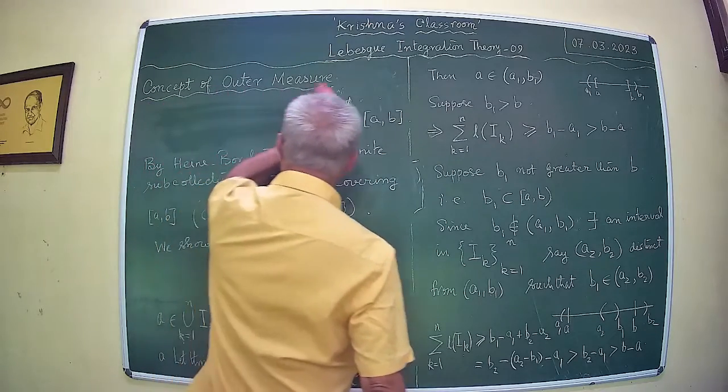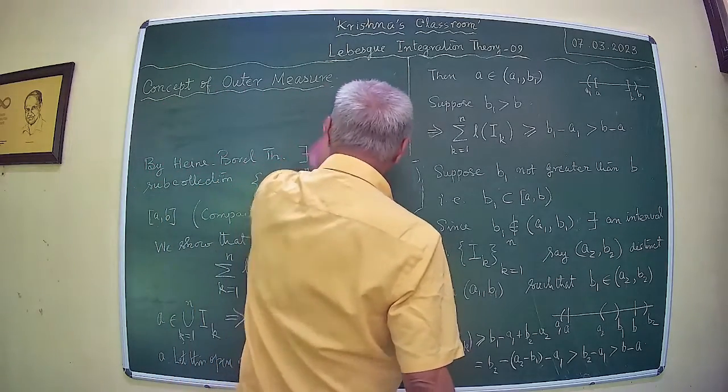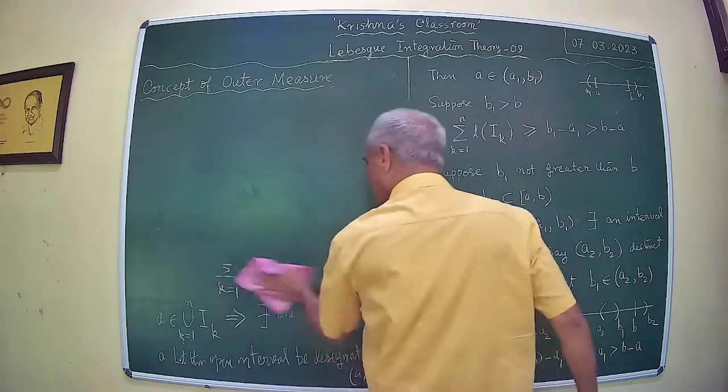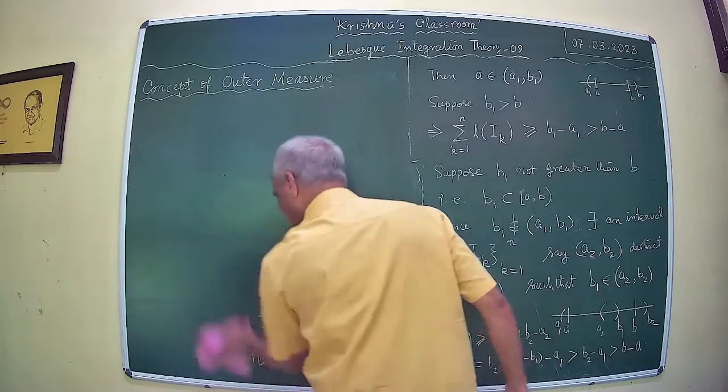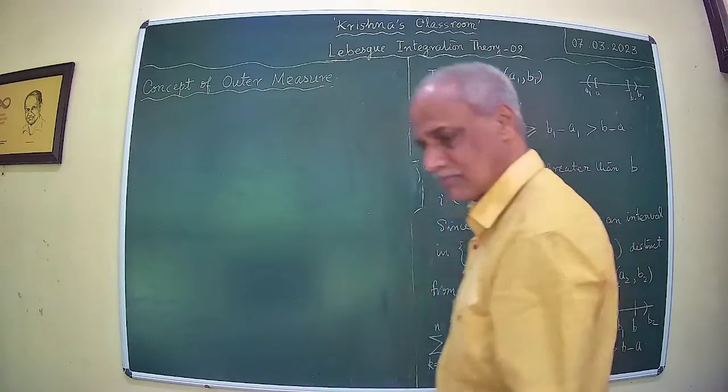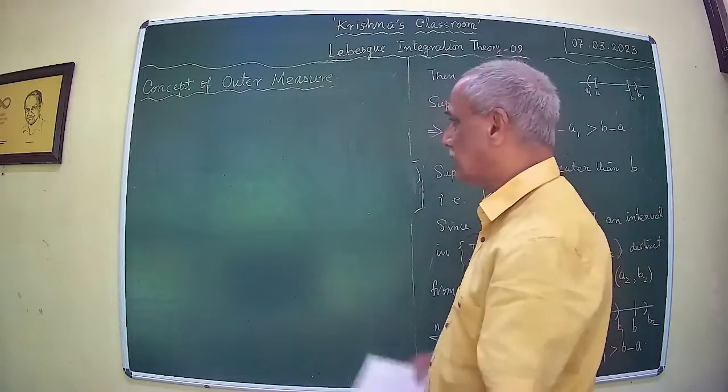Suppose it doesn't stop with 2. You need more intervals to cover it. In that case, what happens?